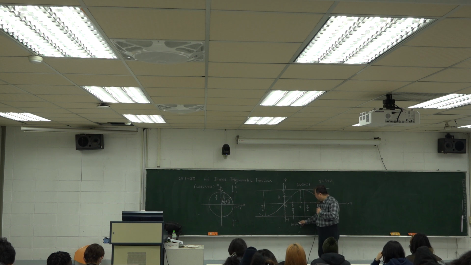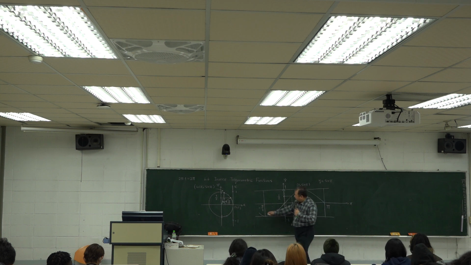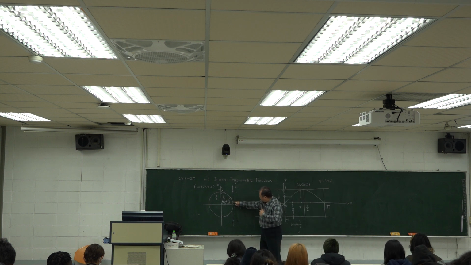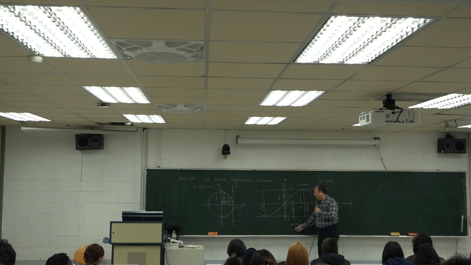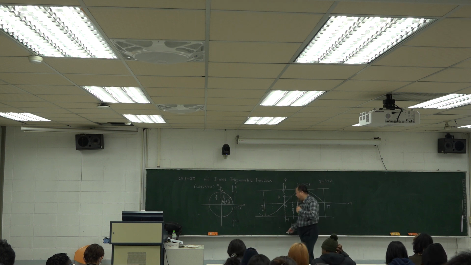Because this arc is a measurement of pi over 6. Sine of pi over 6 equals 1/2. So this arc is such that sine of this arc equals 1/2, so we use arcsine.